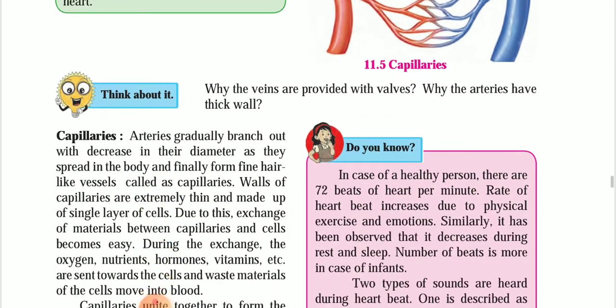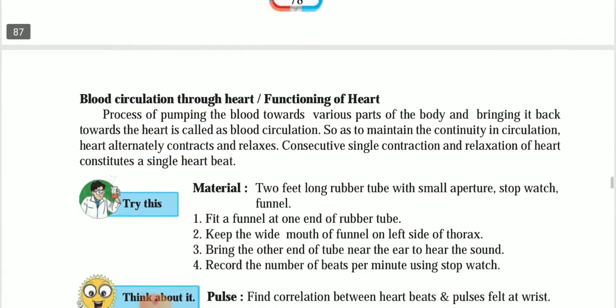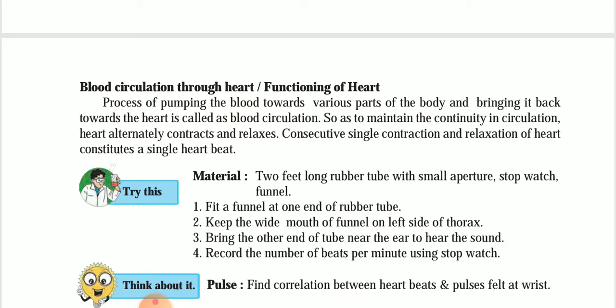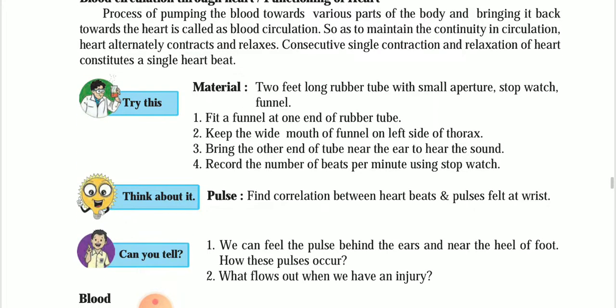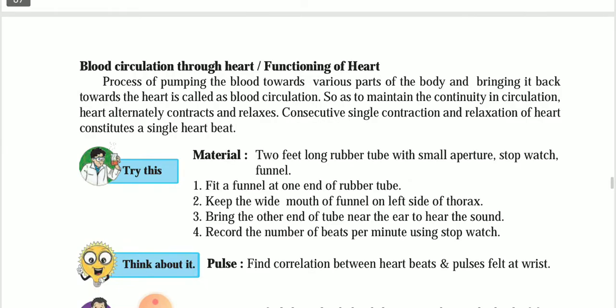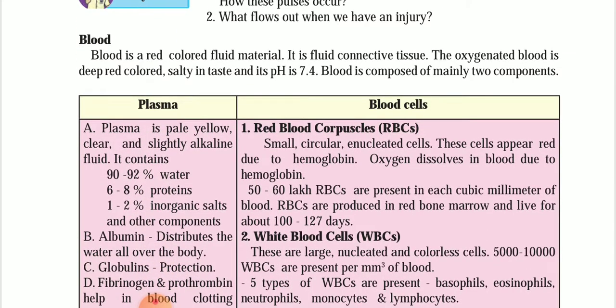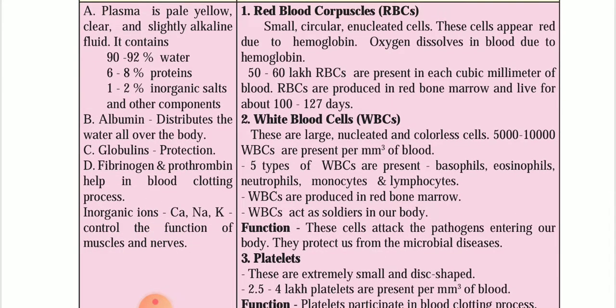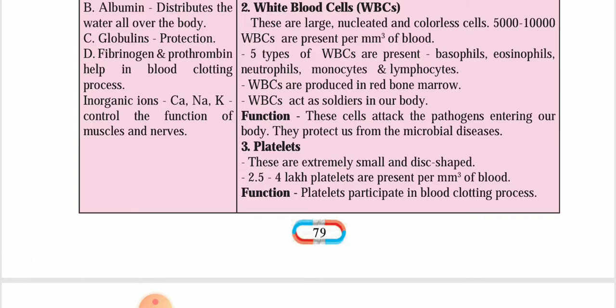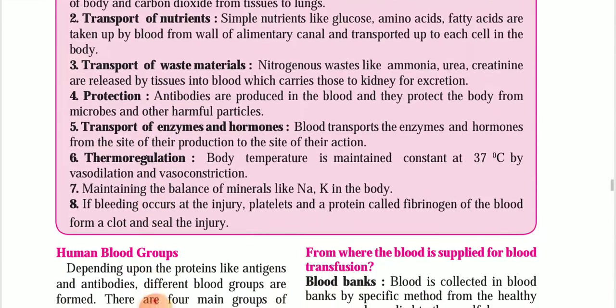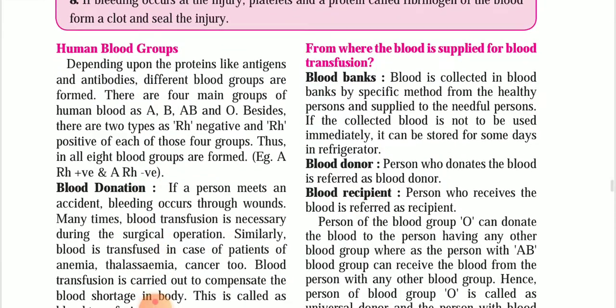Next is the capillary. Blood circulation and the function of the heart, only this part you refer. About the blood, about different types of blood cells, red blood cells, white blood cells, platelets and their functions. Human blood groups, okay, you know all these.